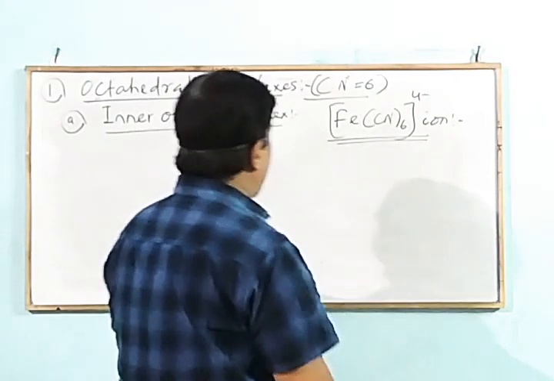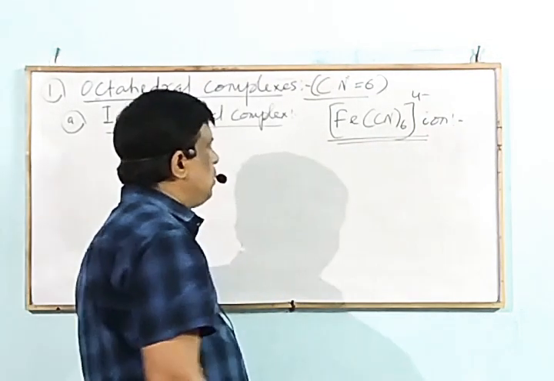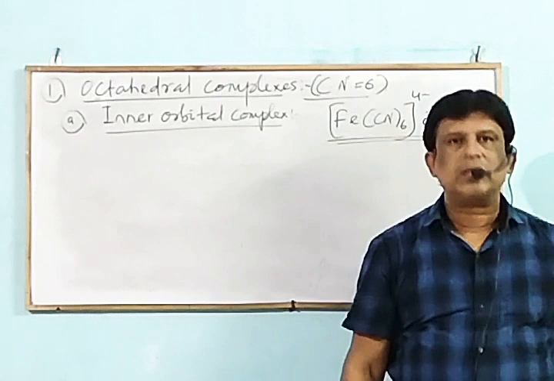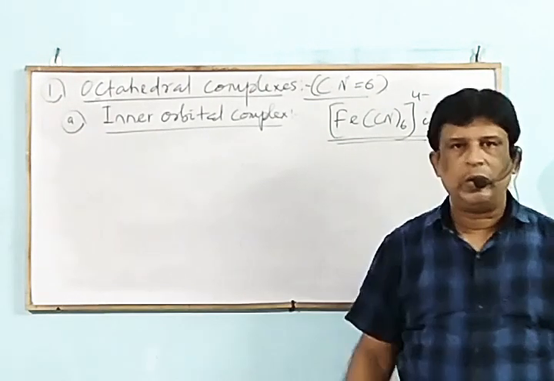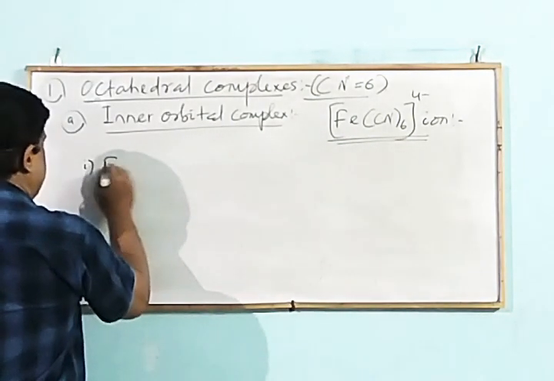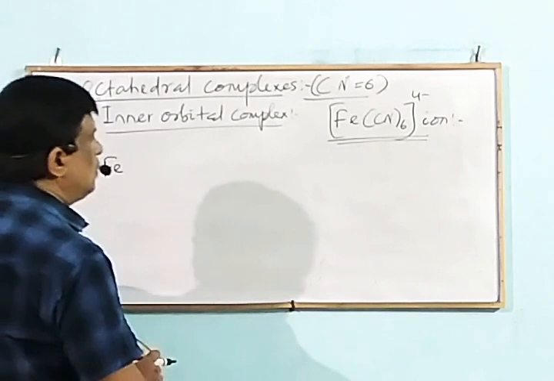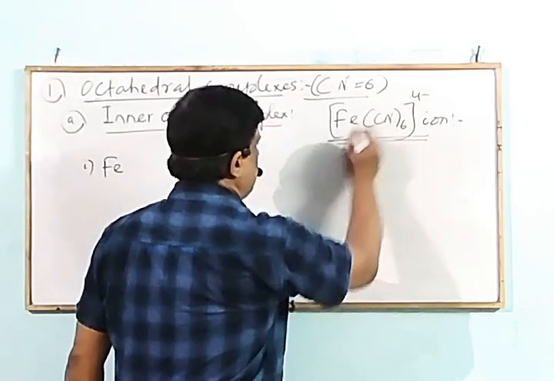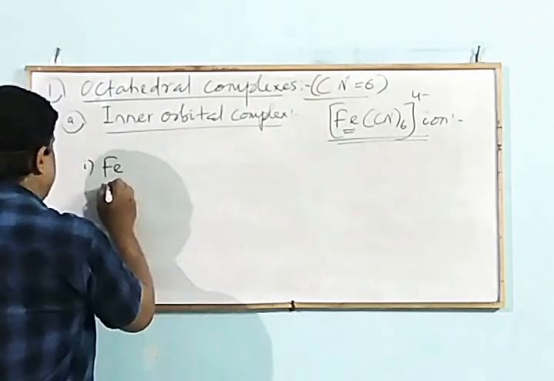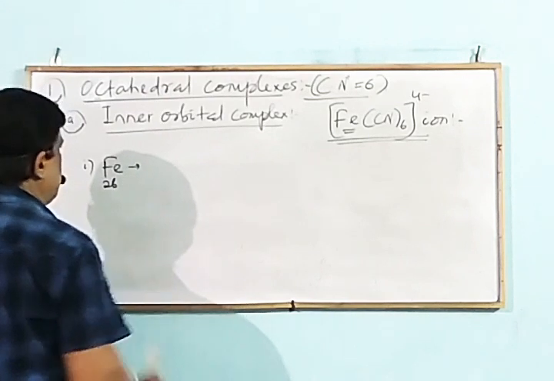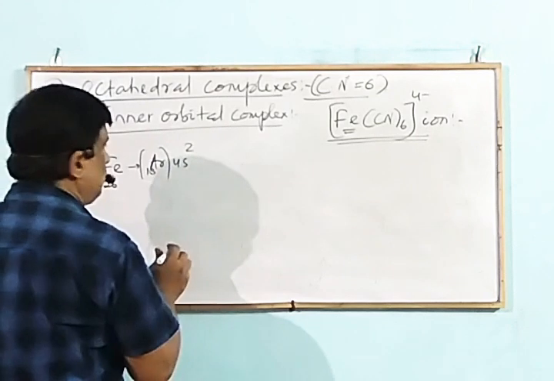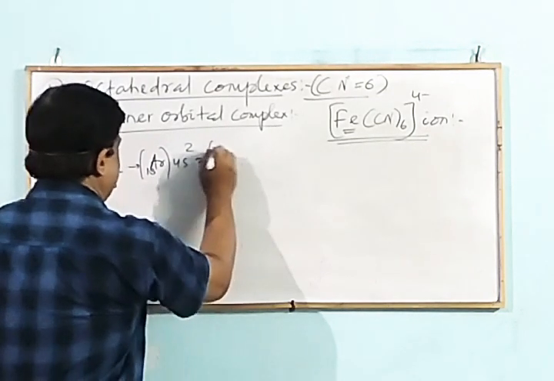What is the formula? The formula is [Fe(CN)6]4- complex ion. Let us discuss how these points apply here. From this formula it is clear that the central metal ion is Fe. The atomic number is 26. If we go through the noble gas electronic configuration, it is 3d6 4s2.